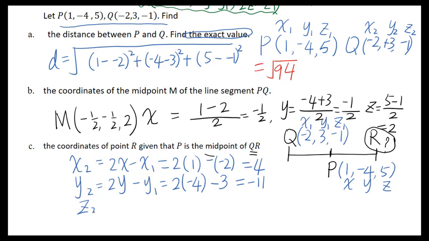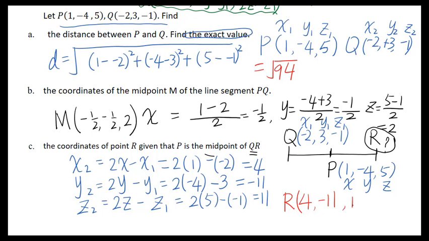For z2, you get 2z minus z1, that equals 2 times 5 minus -1, which equals 11. Now we know the coordinates for this R will be (4, -11, 11).